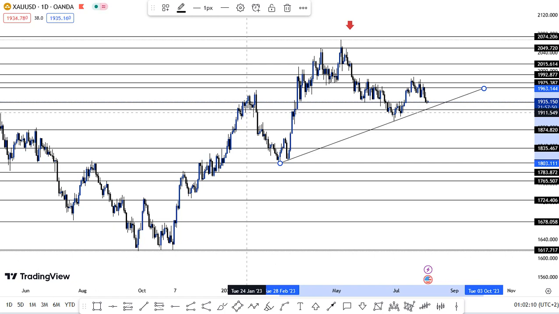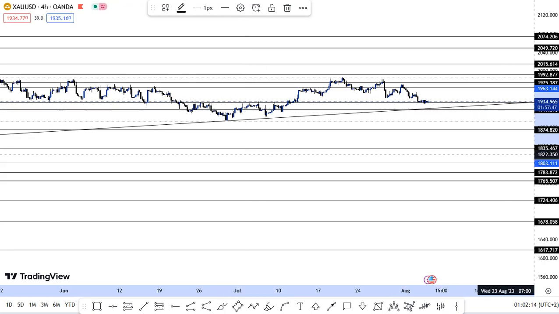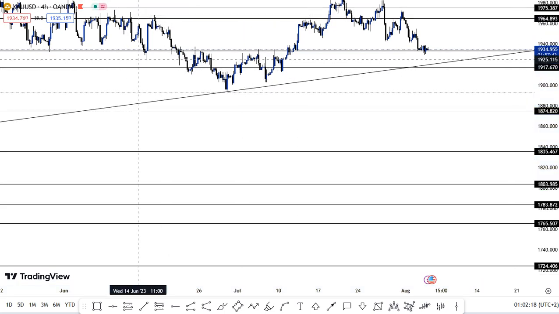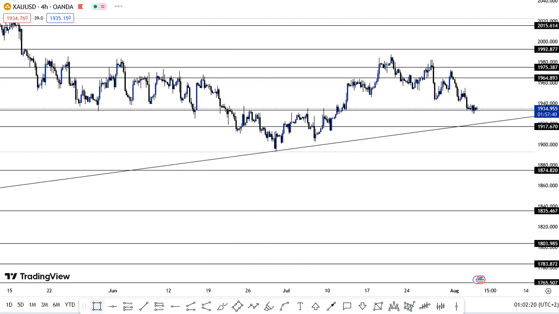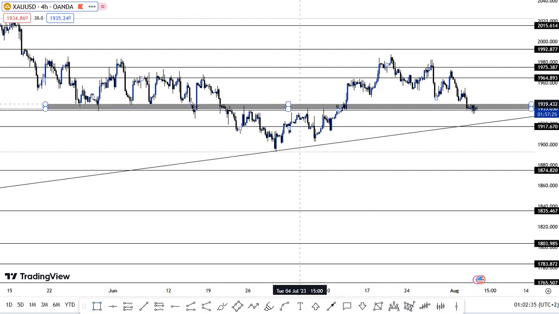So let's go to the 4 hour time frame and see what we have again. We're going to draw our support and resistance. I feel like this level here is the strongest one. This is the strongest level ever, as you can see.